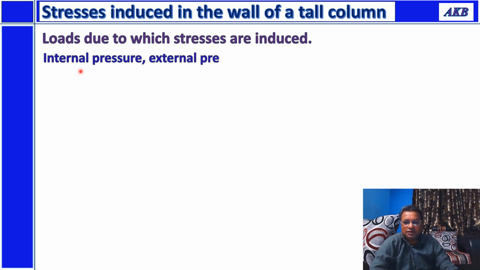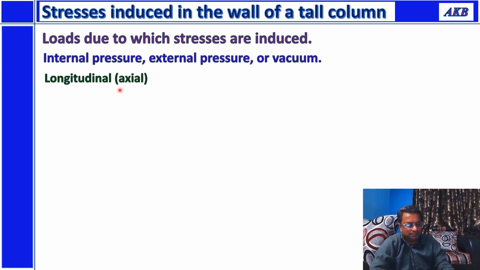You have internal pressure, external pressure or vacuum. These may also result in stresses in the wall of the shell. These stresses may be longitudinal, that is acting in axial direction, or they may be circumferential or hoop stresses.